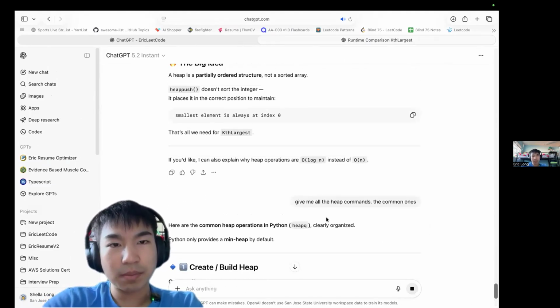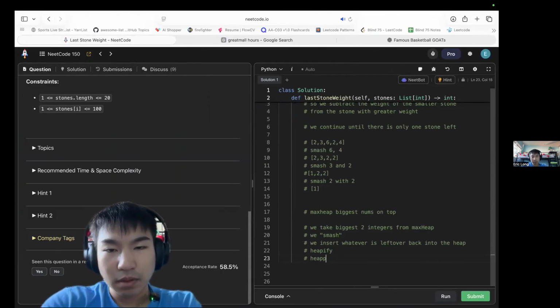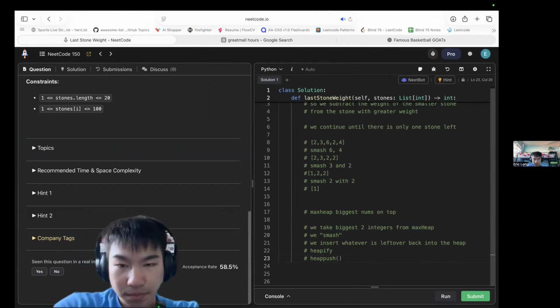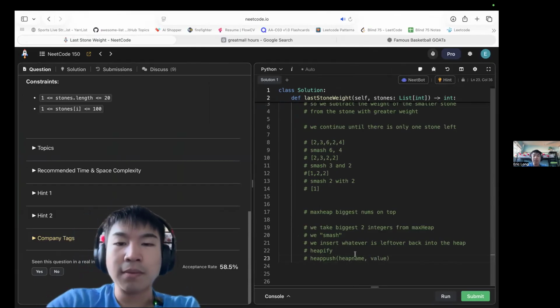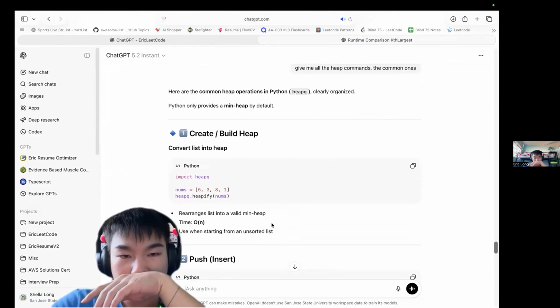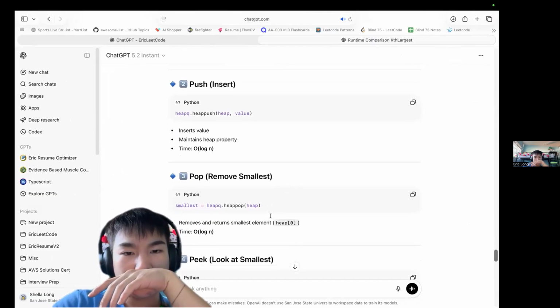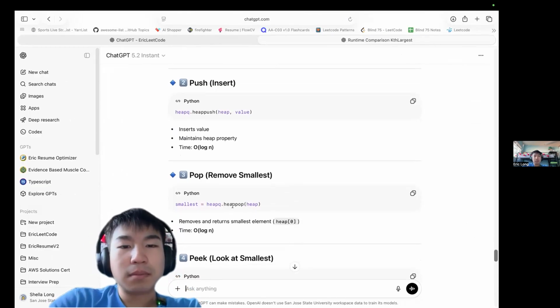Heap push is one of them. Heap push, heapq pop, heap pop.